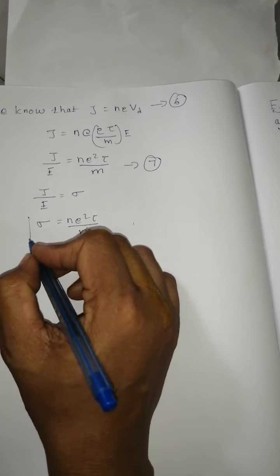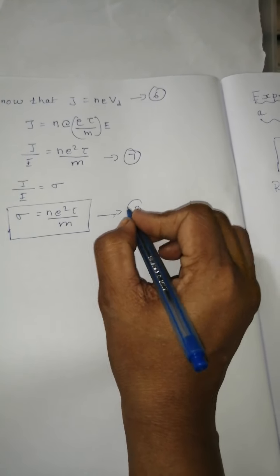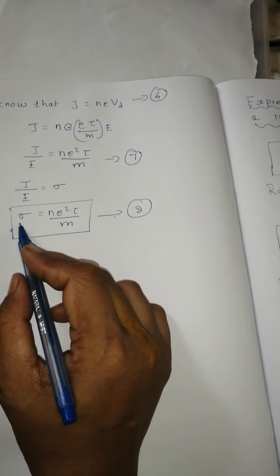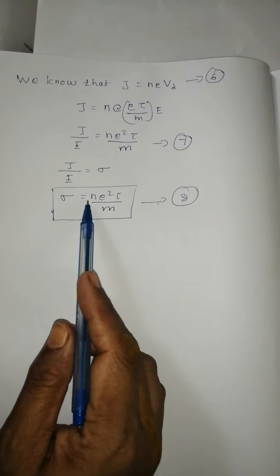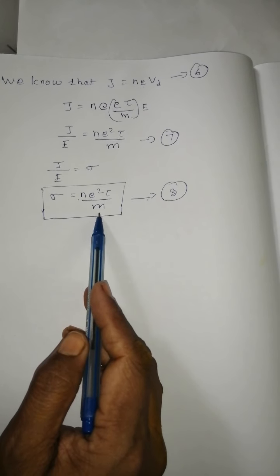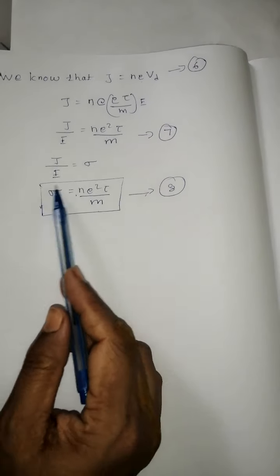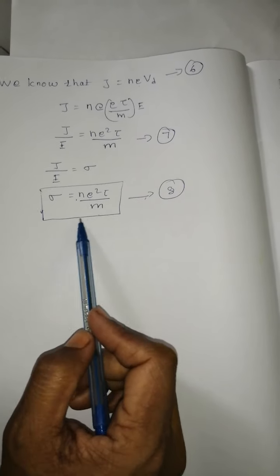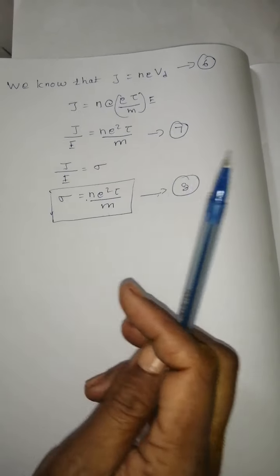This is the equation for the electrical conductivity of a metal. Sigma is the electrical conductivity, n is the number of electrons, e is the charge, tau is the time, m is the mass. So sigma is equal to n e square tau by m. This is equation 8, your equation for the electrical conductivity of a metal. Thank you guys.